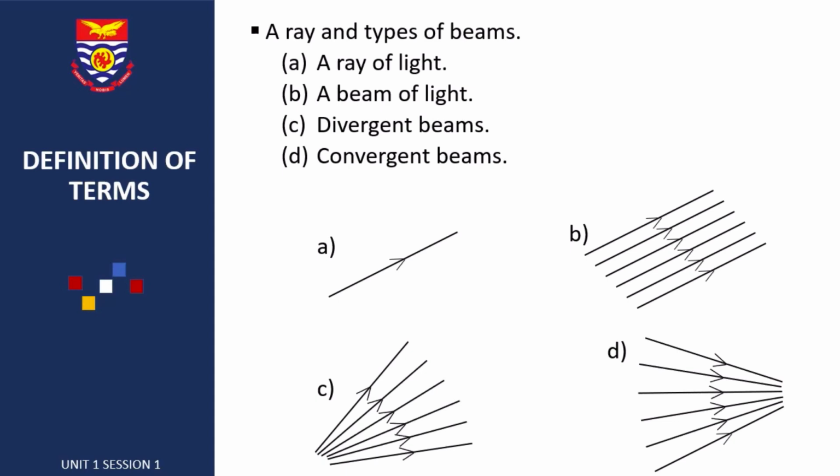The ray, as presented in figure A. A group of these rays gives rise to what we call a beam, as presented in figures B, C, and D. The beam can be a parallel beam, as presented in B, a convergent beam, as presented in D, and also a divergent beam, as presented in C.